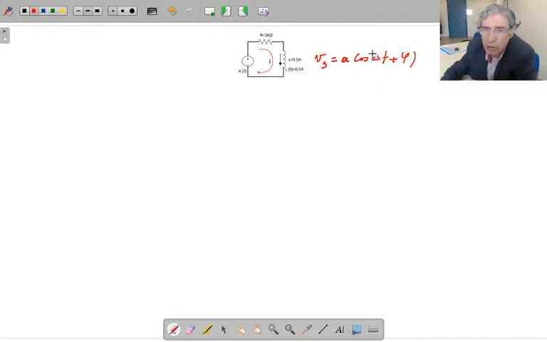Just to remind you, this is a mathematical function, a sinusoidal function. This sinusoidal function has got three parameters in it. Let me make it a different color. This is one parameter, that's another parameter, this is the third parameter. The t is time and it is an independent variable. That is the dependent variable. The voltage changes with this.